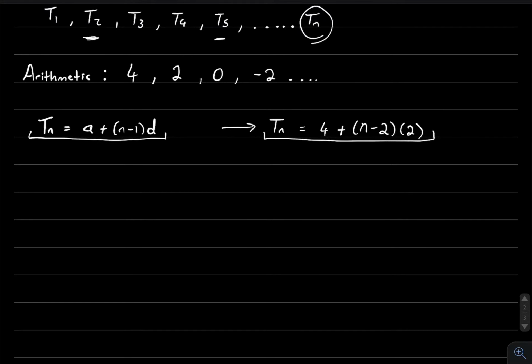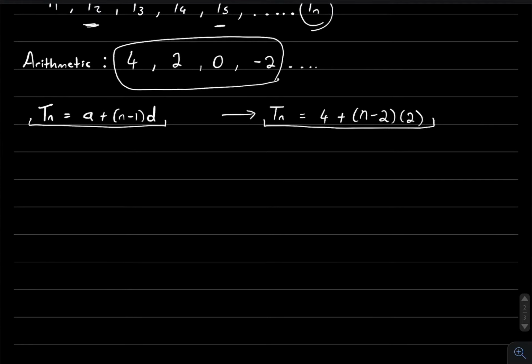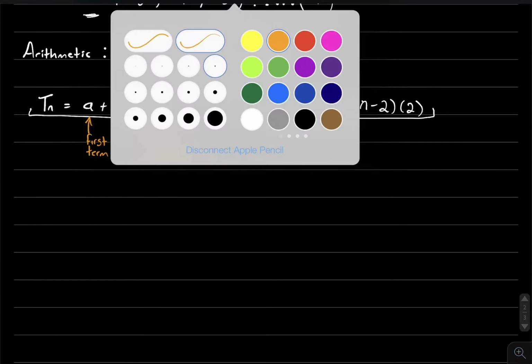So in this case, we want to find the general term of this specific arithmetic sequence. All right. So the way we would do that is look at the general form. And the general form tells us that Tn will be equal to a plus (n minus 1) times the difference. Remember that a is the first term, and d is obviously the difference, or first difference, since we're dealing with arithmetic sequences here.